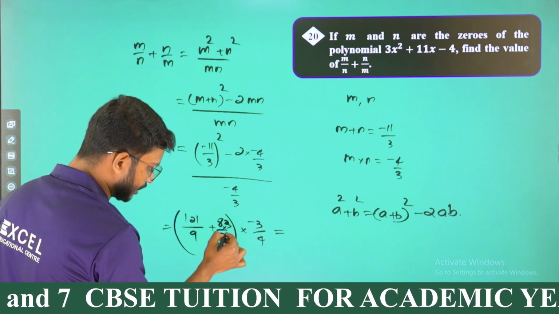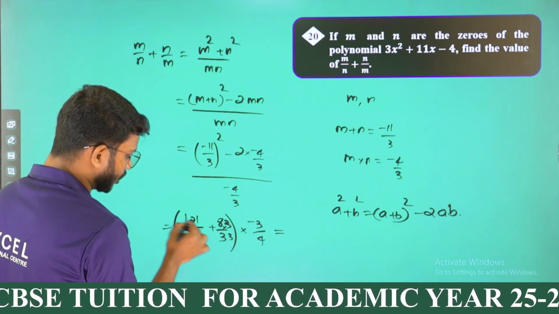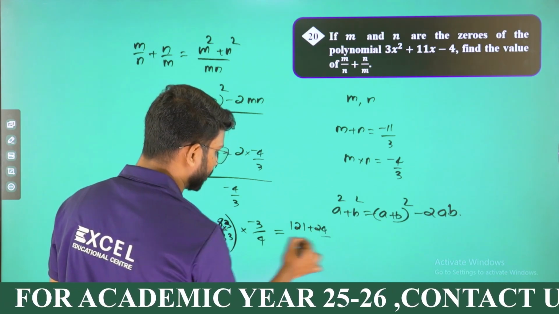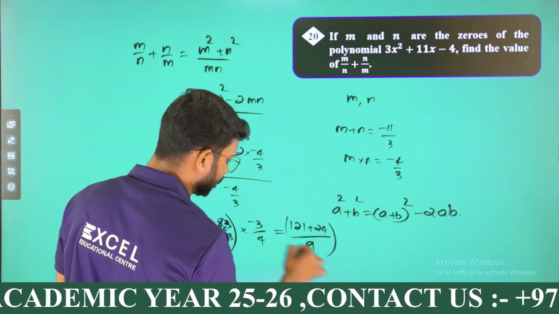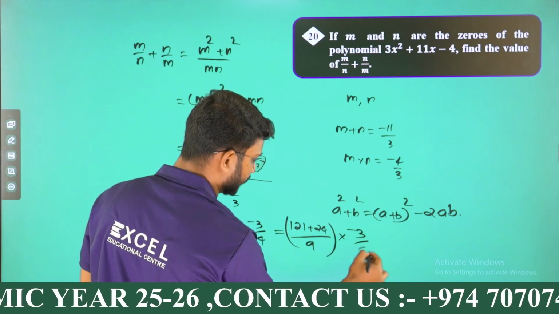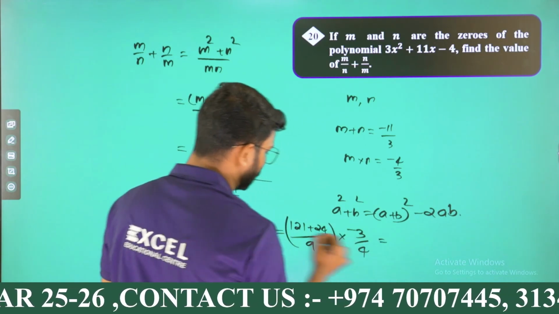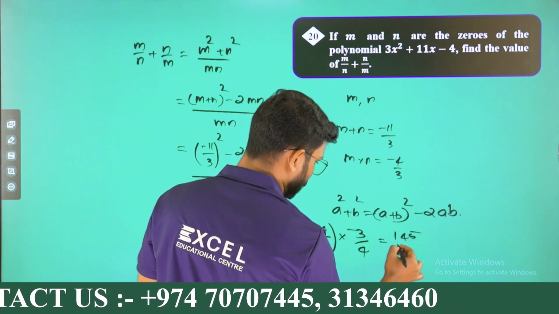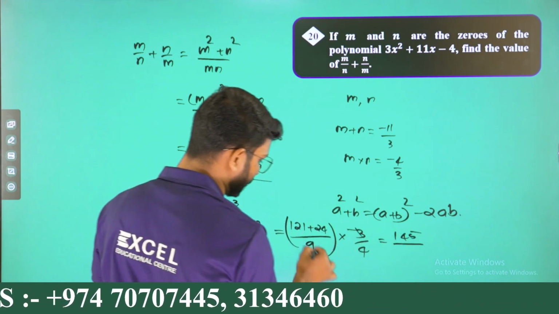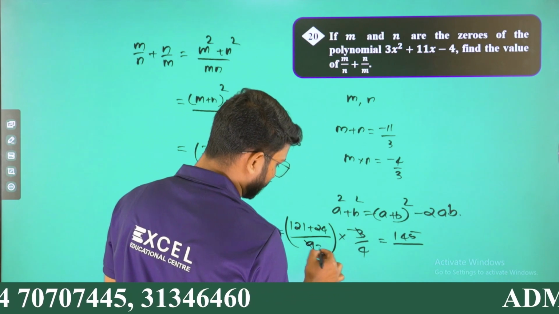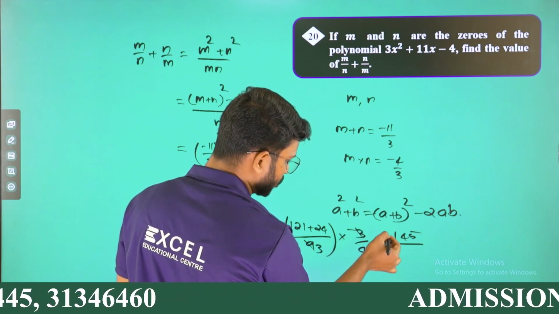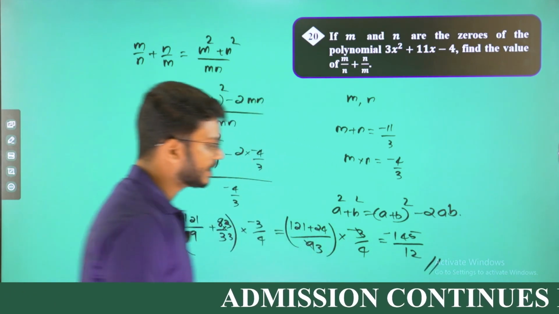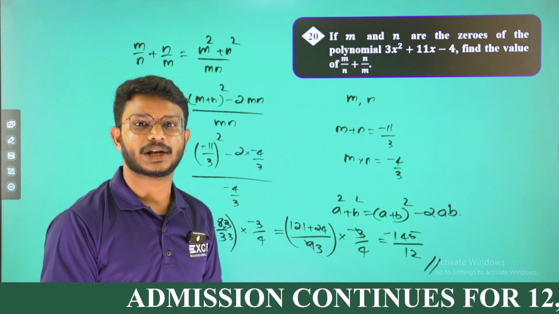We can multiply 3 here, then it becomes 121 plus 24 divided by 9 into negative 3 by 4. So here 121 plus 24 becomes 145 divided by 9, and 3 we can cancel. Here 3 times and a negative sign remains. So negative here and 3 4s are 12. So minus 145 divided by 12 is the final answer.